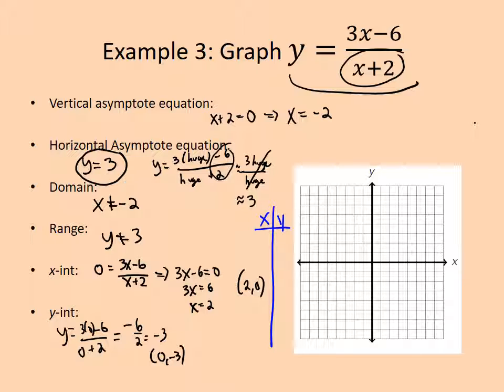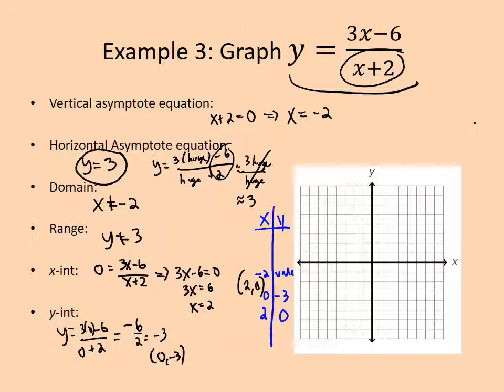We know our vertical asymptote is -2, so that's undefined. We have our y-intercept, which is (0, -3), and we have our x-intercept, which is (2, 0). Both of those points are on one side of the asymptote.